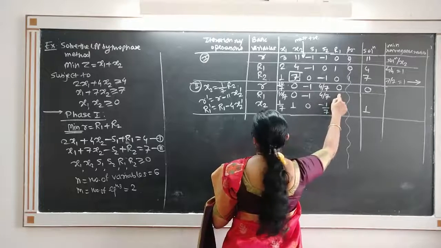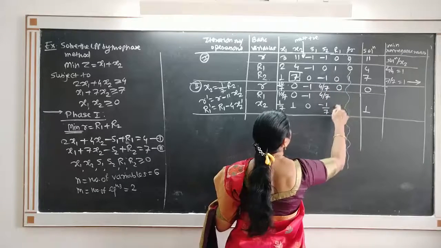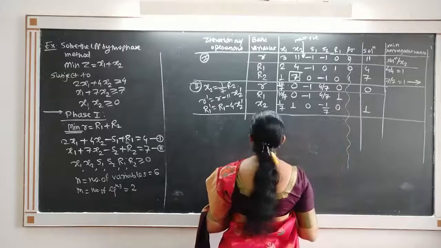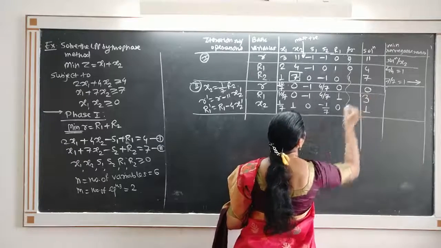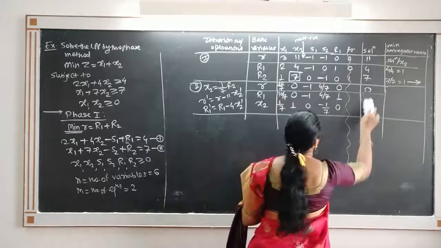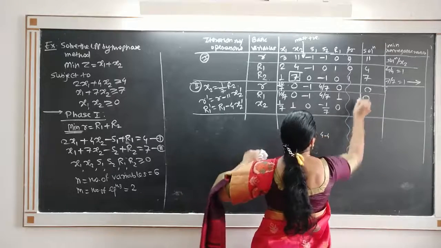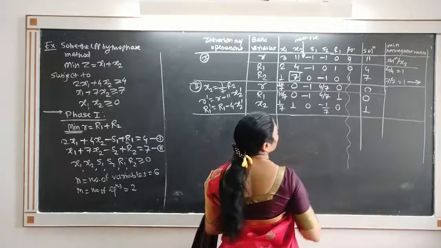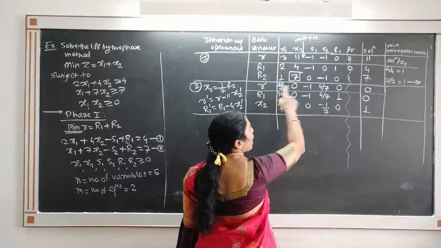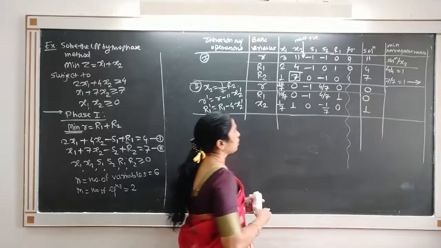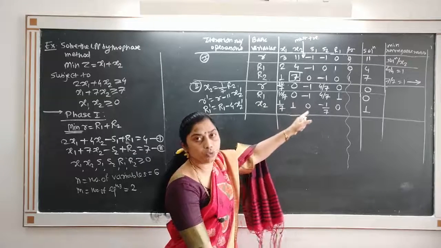We have R1, that is 1 minus 0 remains 1, and R1 is 4 minus 4 times comes to be 0. Now observe that the value of R comes to be 0, but the artificial variable does not leave the solution.